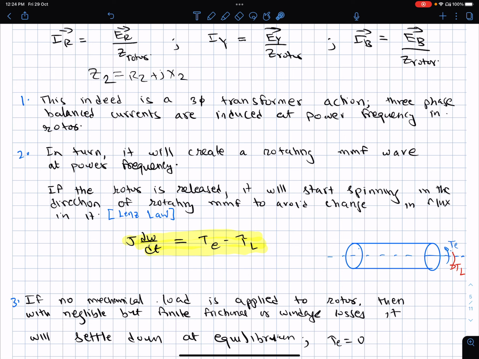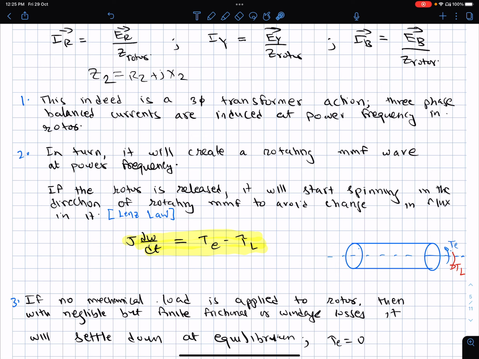It could be an inertial load also, it doesn't matter, but right now I am assuming that there is some TL which we want to drive. So the net torque acting on the shaft or the rotor mass becomes Te minus TL, and that should be equal to the moment of inertia J times the rate of change of angular velocity, d omega by dt.